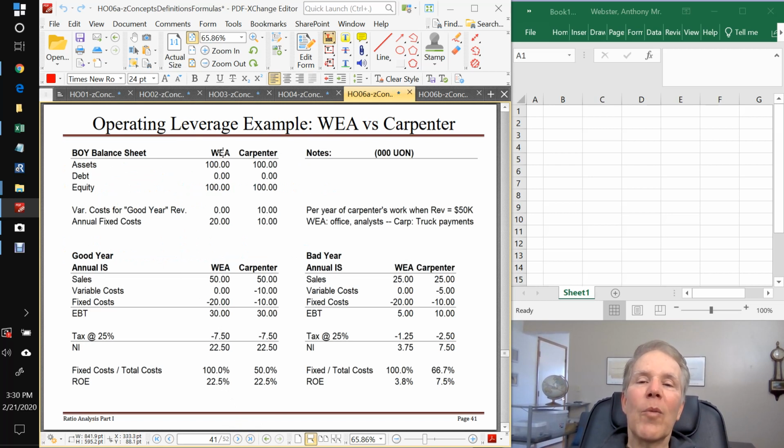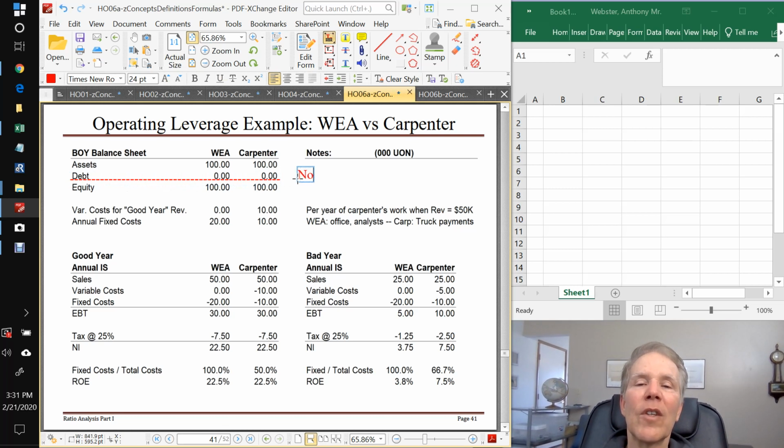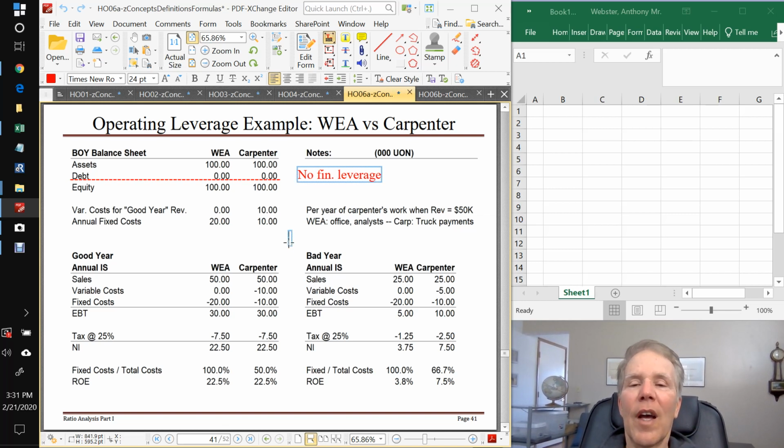And then we went through West End and the Carpenter. Neither of them had any debt, so we were able to remove the financial leverage from the picture for this one.